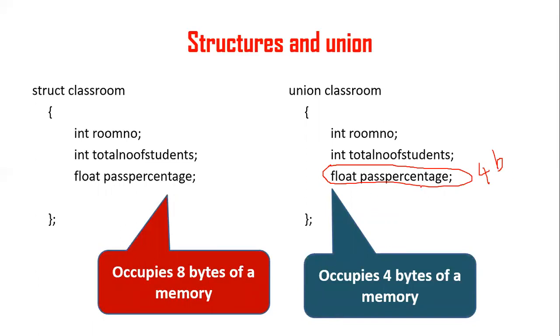So this is the largest size, and only for this the memory area will be allotted. So it occupies 4 bytes of memory. Understand? That's the difference between structure and union.